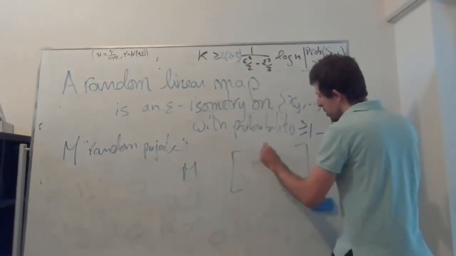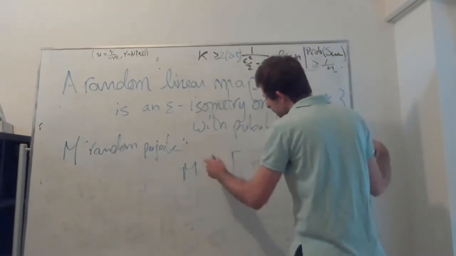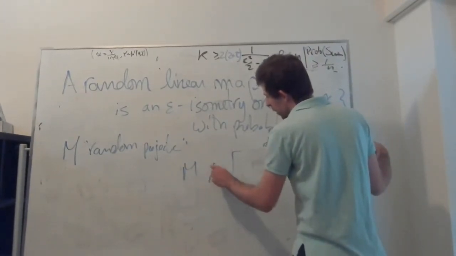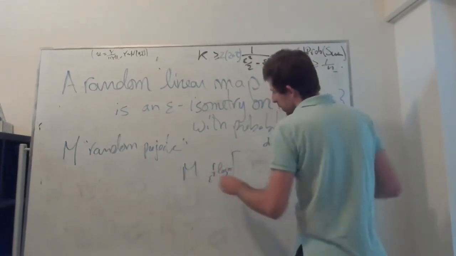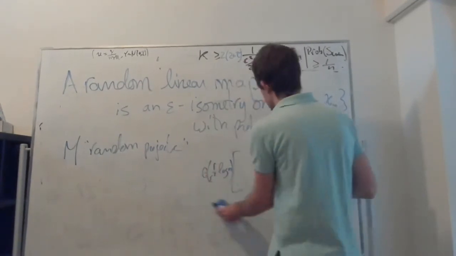It has dimension d on one side, and on the other side roughly 1 over epsilon squared times log n, up to constants. So this is the matrix M.